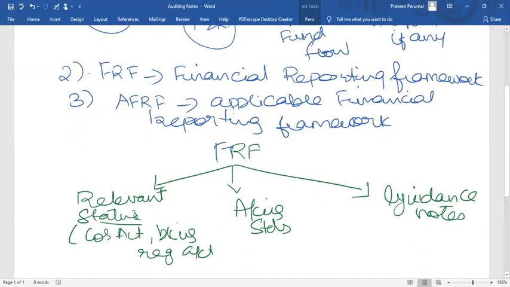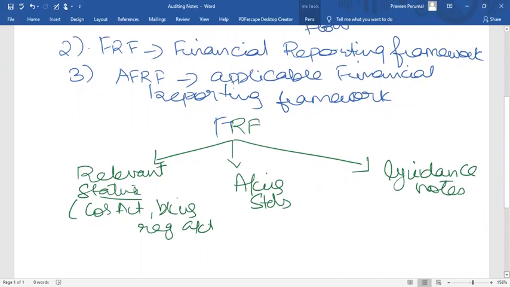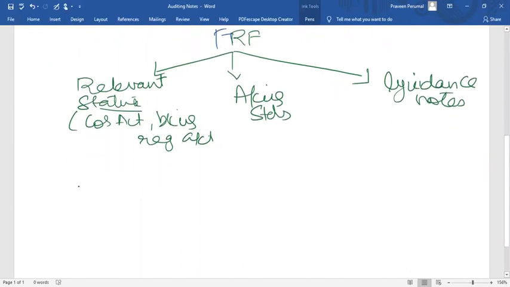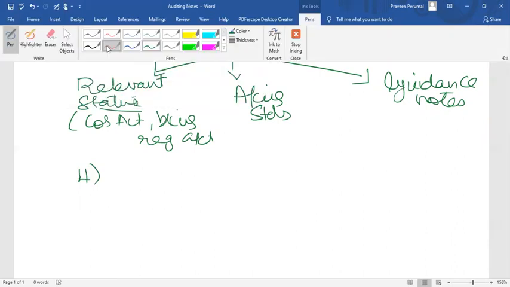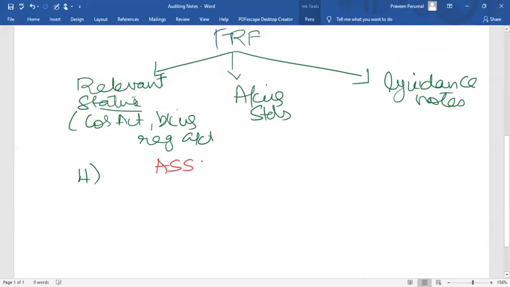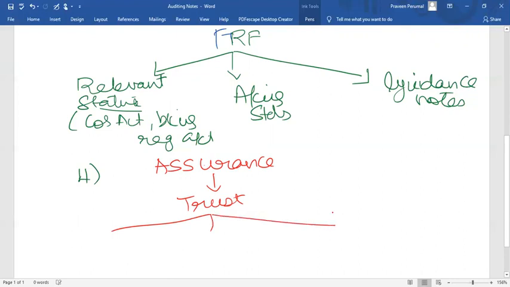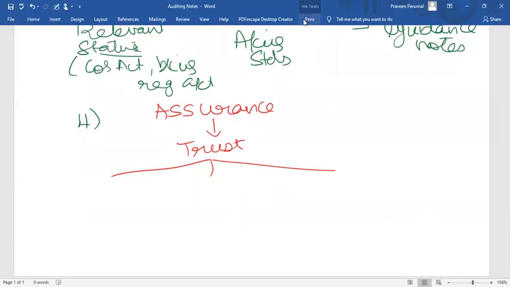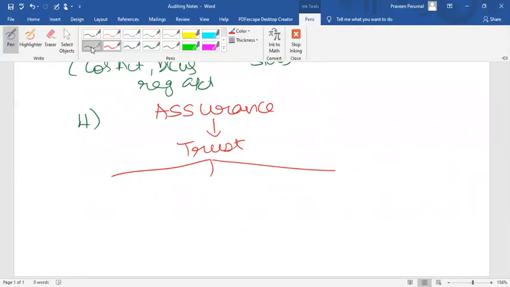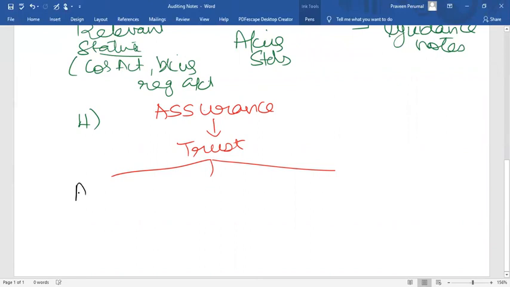Then we will also come across another terminology called assurance. What is the meaning of assurance? Assurance refers to trust. In auditing, you will come across 3 types of assurance. The first type is absolute assurance.